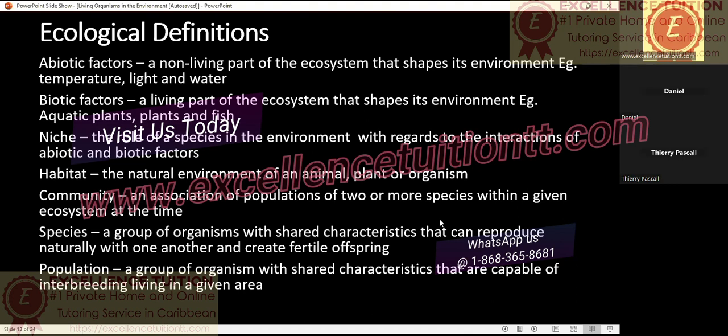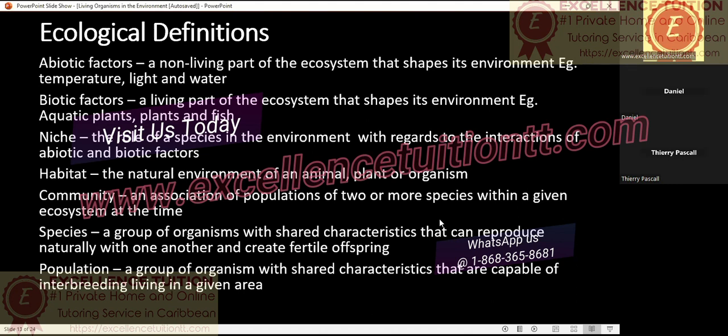So temperature, light, water, soil, none of these things have life, but they are crucial for a living environment to function. You can't have plants alive without light, without water, without soil.